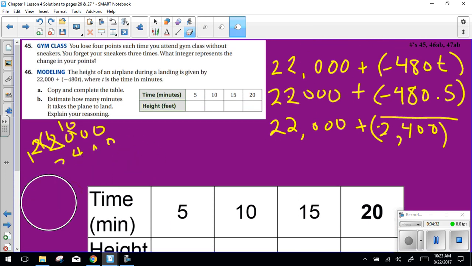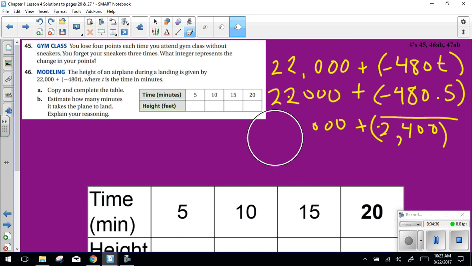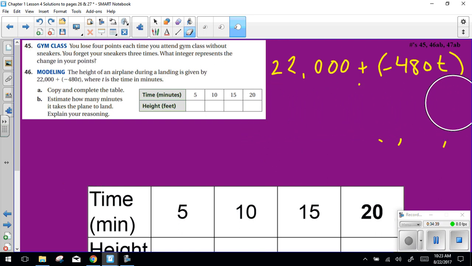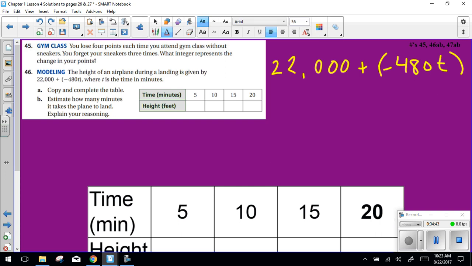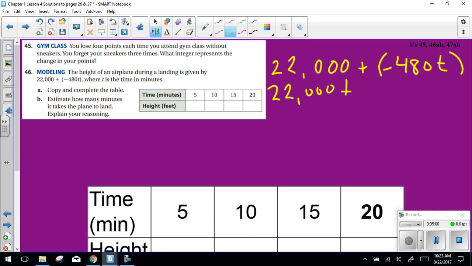Okay, now we're going to do this whole thing again 3 more times. Once for 10, 15, and 20 minutes. Okay, so copy your formula down. And this time, we're going to use 10. So 22,000 plus -480 times 10.